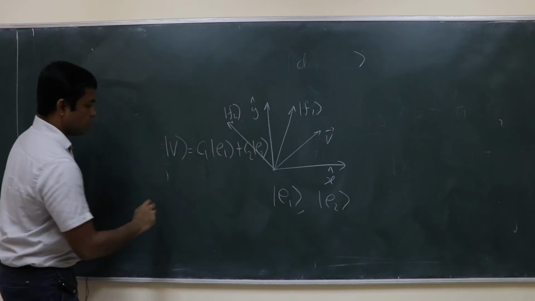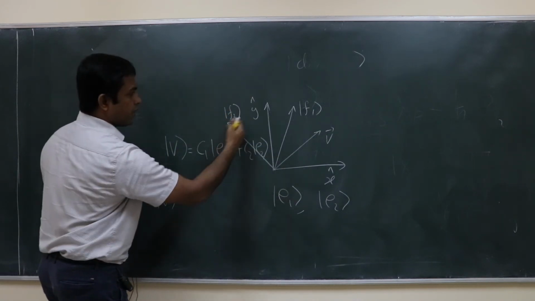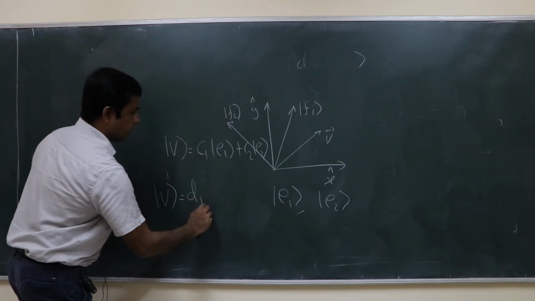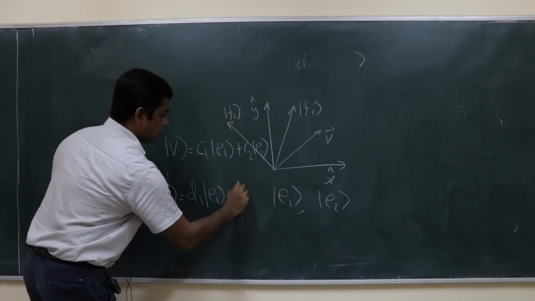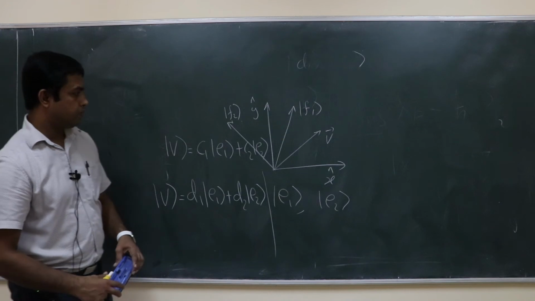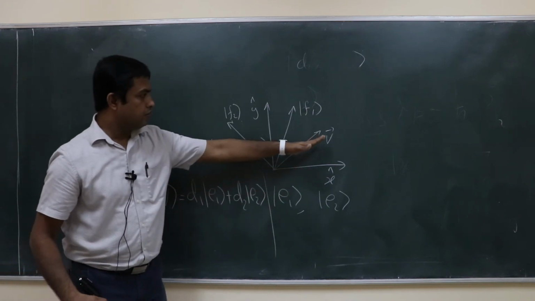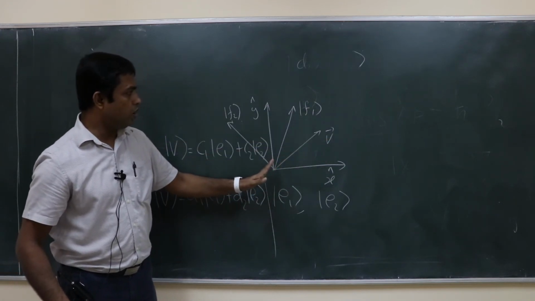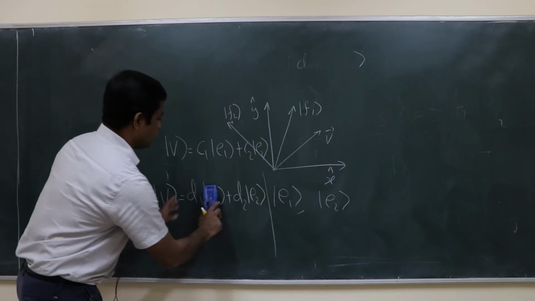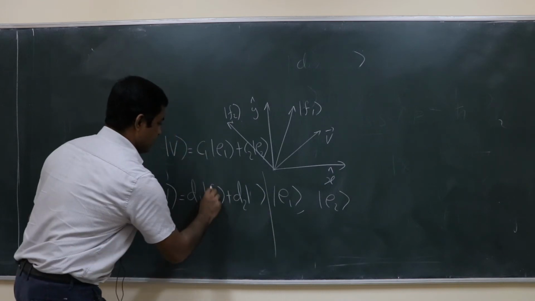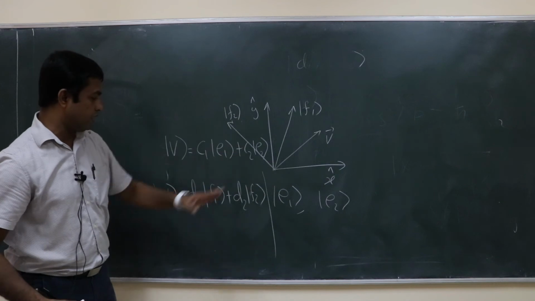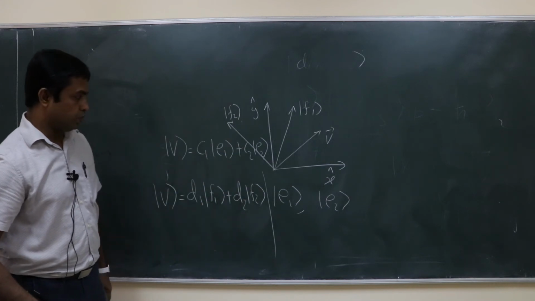The same v I can write in terms of ket F1 and ket F2, and in that case I may get some coefficients: D1 F1 plus D2 F2. So C1 and C2 are the components of this vector v along E1 and E2 respectively, and D1 and D2 are the components of the same vector along ket F1 and ket F2.